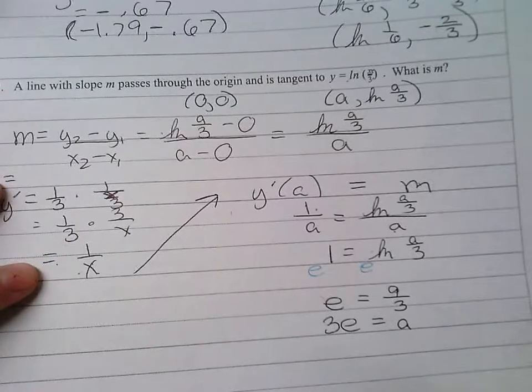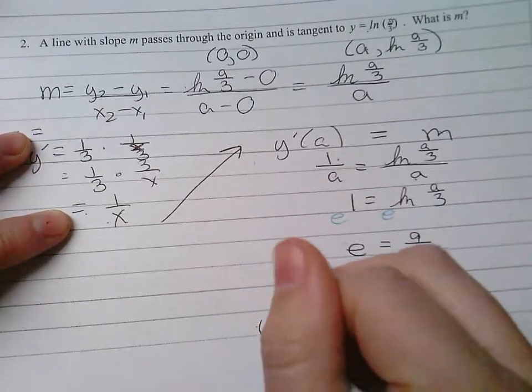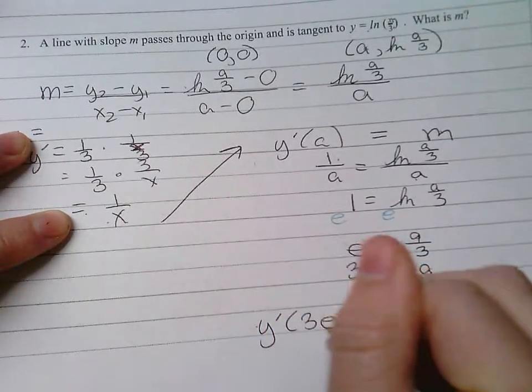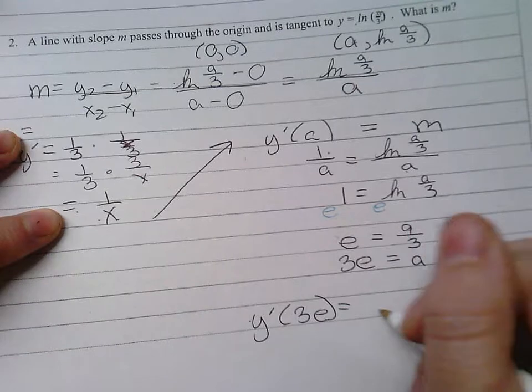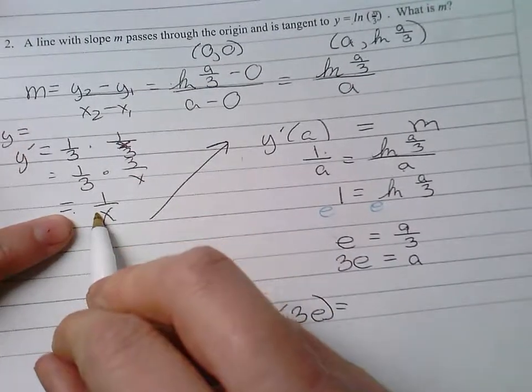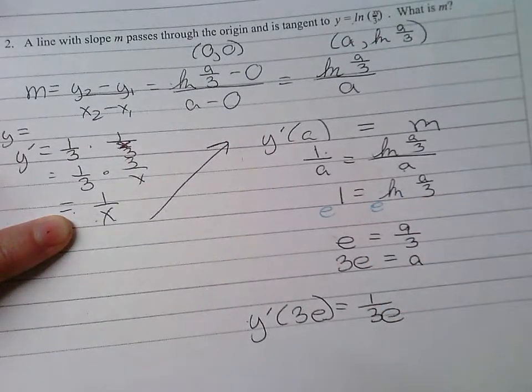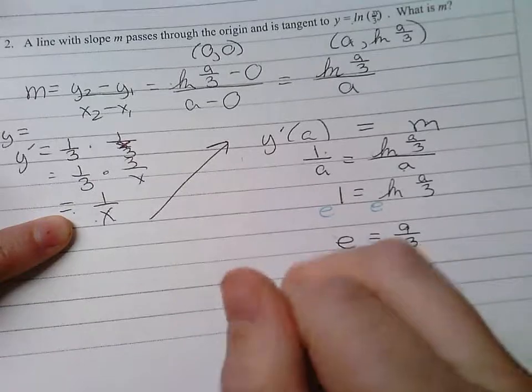Okay, so this is going to be the x value right here. So to find the slope, we're going to do y prime of 3e, which is 1 over 3e. So that's the slope. That's your answer right here.